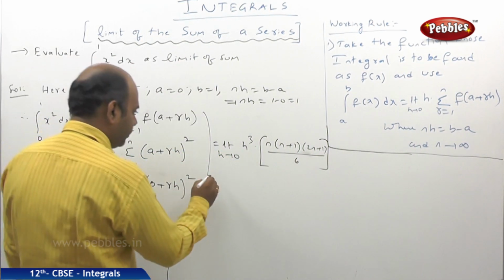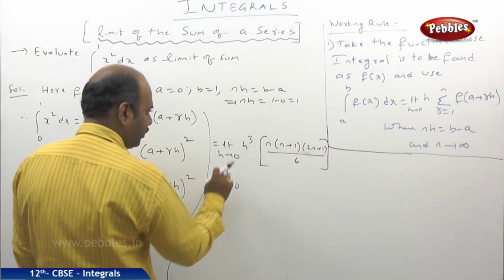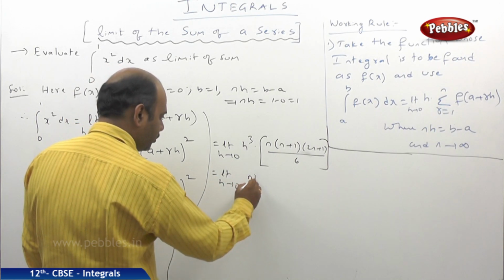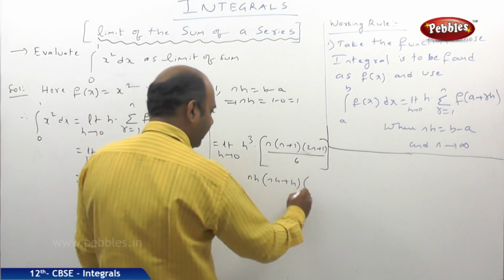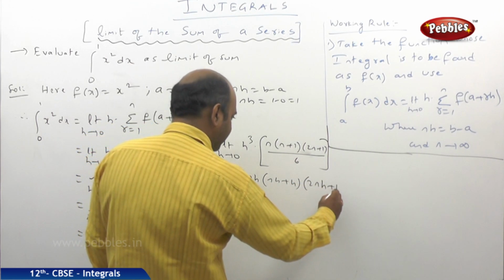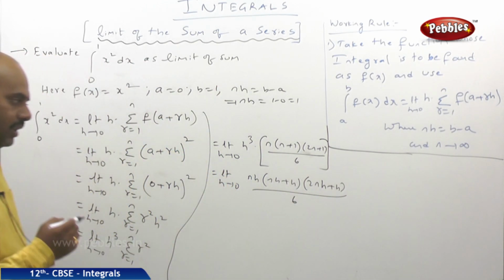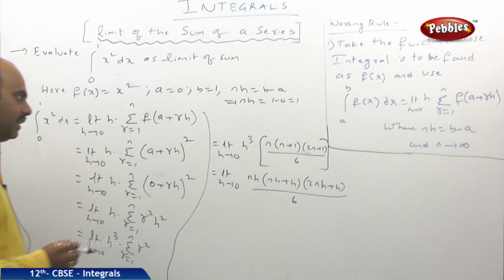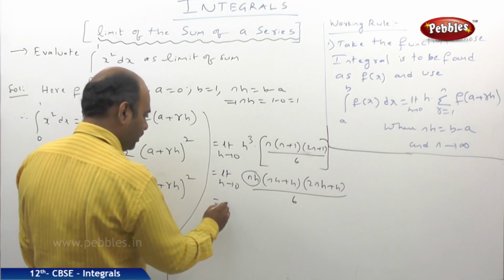Now here, limit h tends to 0, h cube is there, so I will be distributing h like this, so that if I take h common, finally I will be getting h cube. I think everyone is clear. But now in place of nh I can substitute 1.